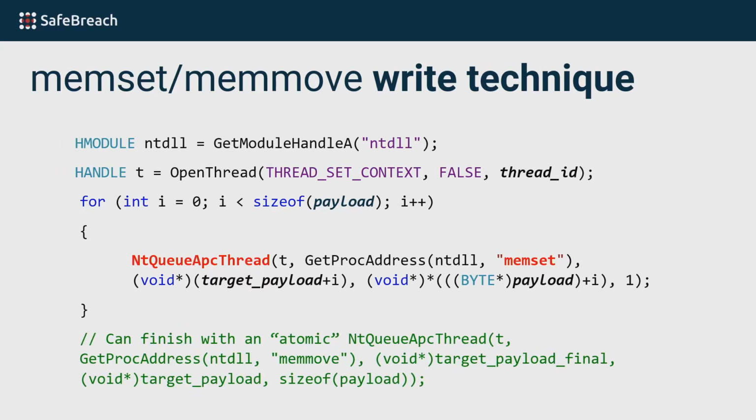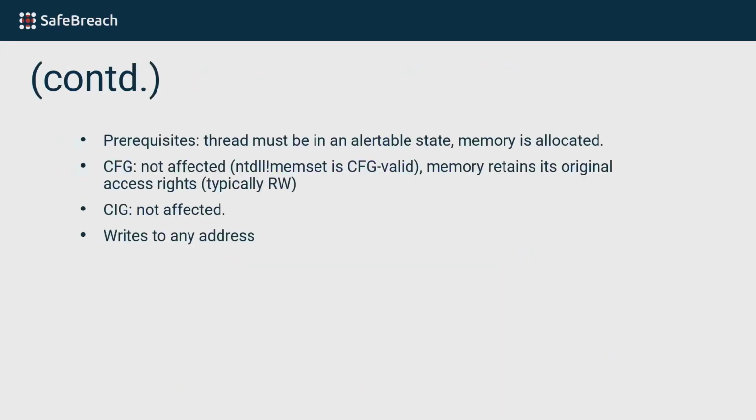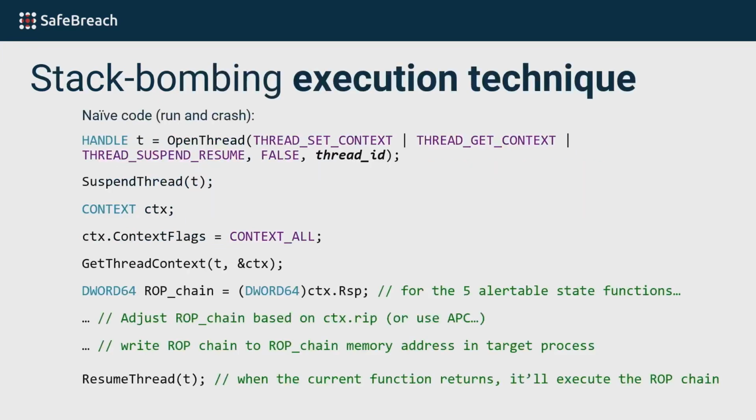Thereby, we can achieve atomic memory writing. CFG, note that although we invoke NtQueueApcThread, CFG has no effect on us because the target functions, memset and memmove, are of course CFG valid. And we can write to any address, in fact. The only prerequisite is that the thread must be in an alertable state and the memory should be allocated, which are not serious problems.